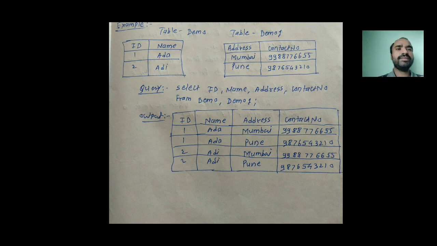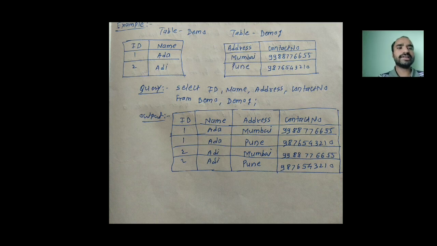Whenever you see table demo, it contains two records, and table demo 1 contains two records. So here the first row of the first table gets combined with all records in the second table. Then the same thing for the second row, which gets combined with all rows of the second table.